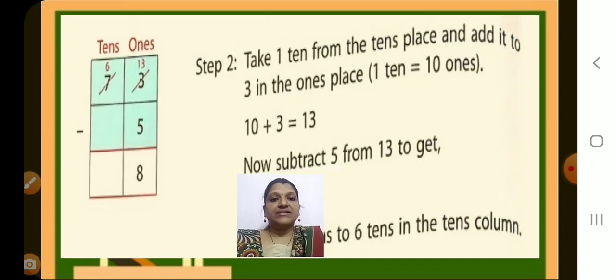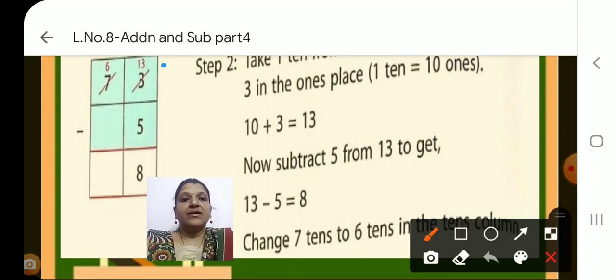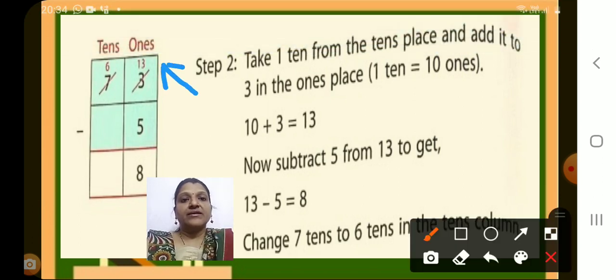So step 2 is take 1 ten from the tens place and add it to 3 in the ones place. And 1 ten equals 10 ones. Hence 10 plus 3 equals 13, which has been written over here. Can you see? Yes. Now subtract 5 from 13 to get 13 minus 5 equals 8.